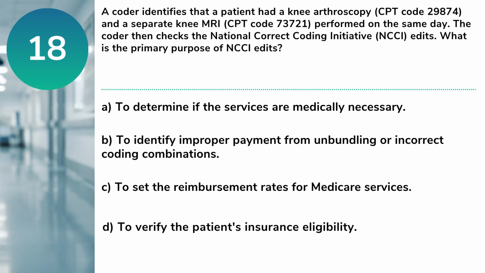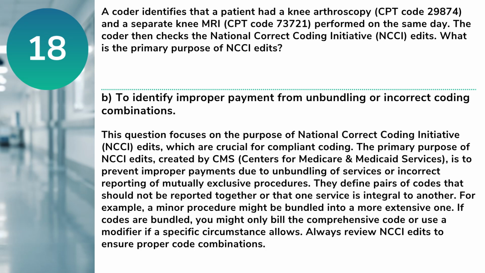A. To determine if the services are medically necessary. B. To identify improper payment from unbundling or incorrect coding combinations. C. To set the reimbursement rates for Medicare services. D. To verify the patient's insurance eligibility. Answer: B. To identify improper payment from unbundling or incorrect coding combinations.